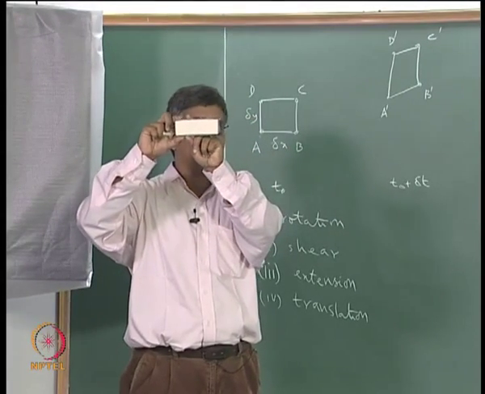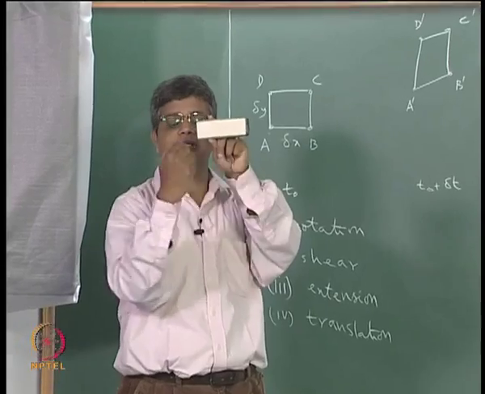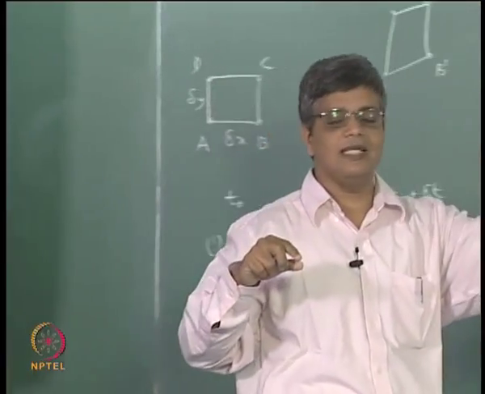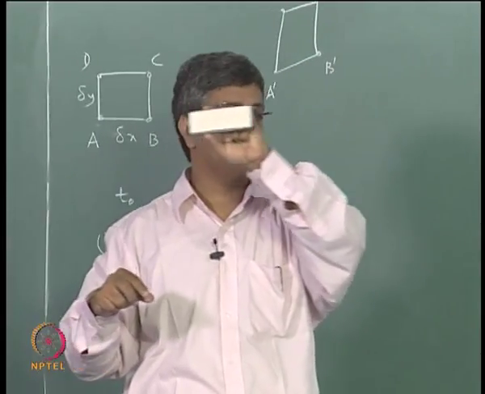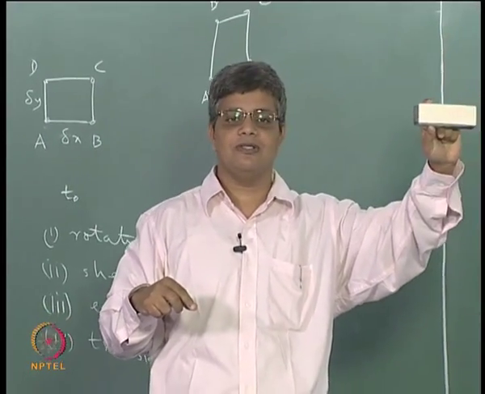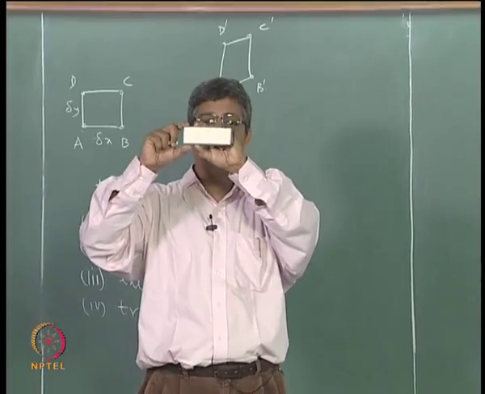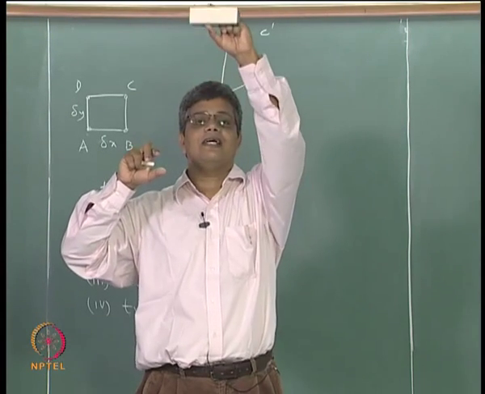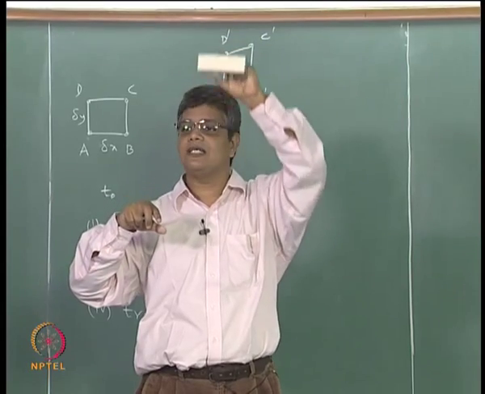If all of them have the same horizontal velocity, then after some time they are translated horizontally at a certain velocity. And if all of them have only the same vertical velocity, then there is pure translation in the vertical direction.